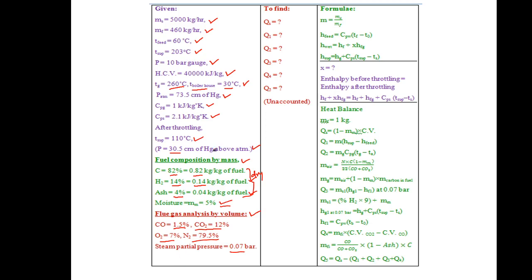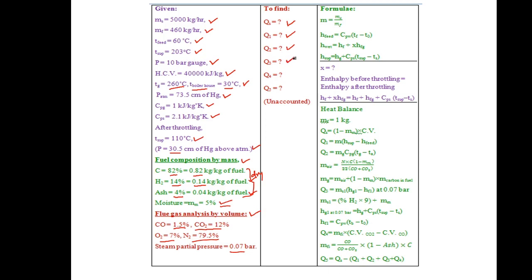Then we are asked to find out the heat balance sheet. In the heat balance sheet, we have to find out the amount of heat supplied by combustion of fuel. Then Q1 is the amount of heat utilized for generation of steam. Then Q2 is the amount of heat moving along with the hot gases.